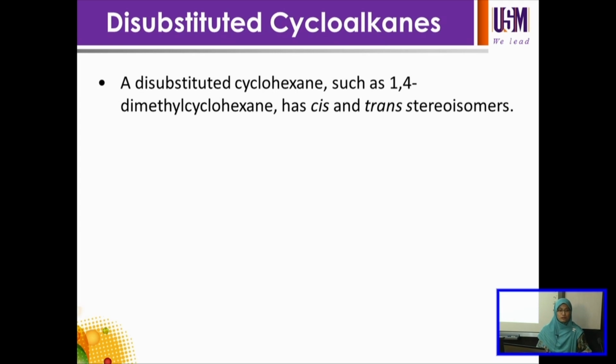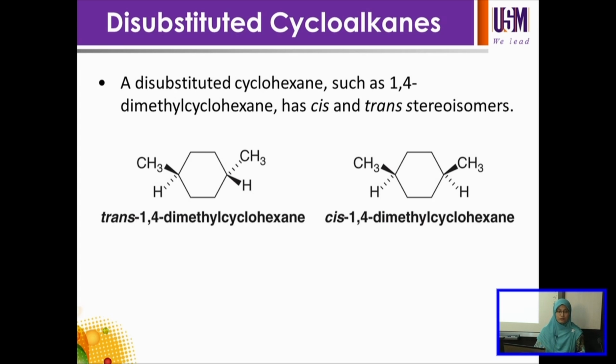Disubstituted cyclohexane such as 1,4-dimethyl cyclohexane has cis and trans stereoisomers. Here we have trans-1,4-dimethyl cyclohexane, where the two methyl groups are in opposite directions: one methyl group is facing towards us and one is facing behind.